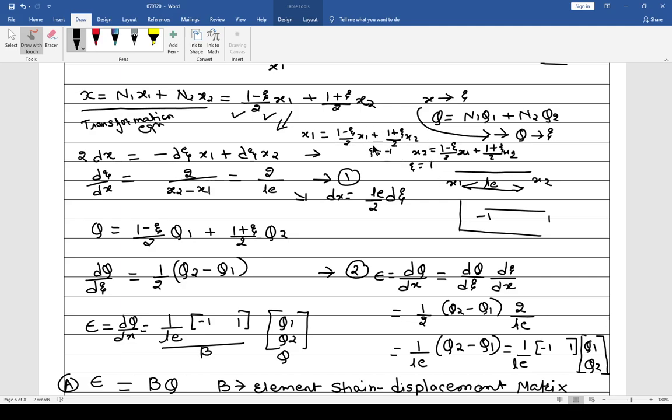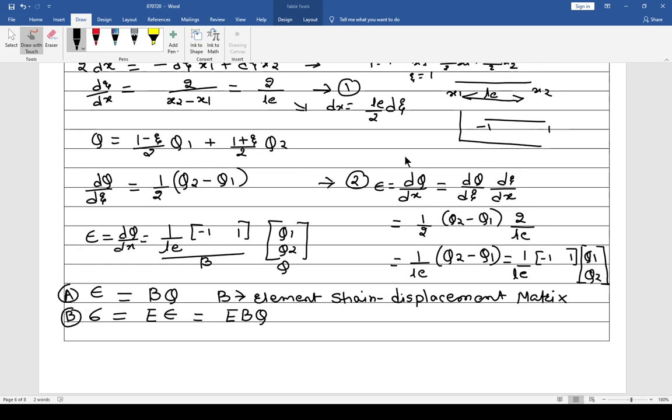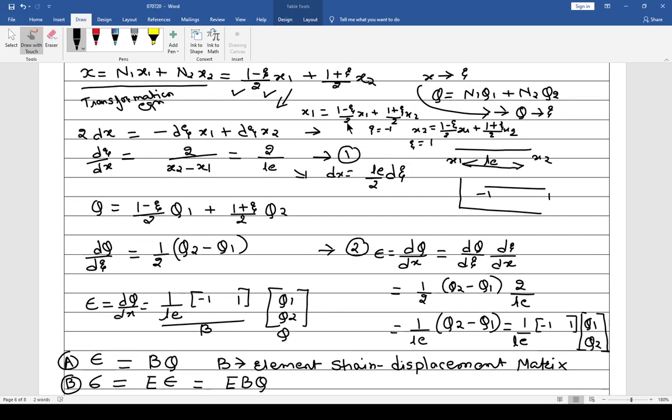You can do this stuff. So this is the homework part. You can try out whether you get the same result or not. So you are going to get the same result.